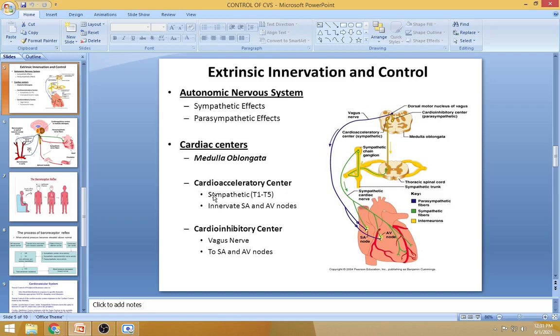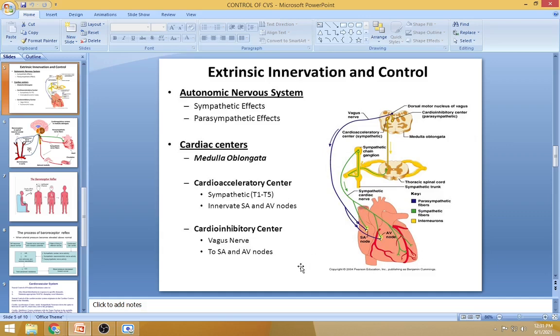One is the cardioacceleratory center, and the other is the cardioinhibitory center. The cardioacceleratory center gives rise to the sympathetic innervation of the heart, and the cardioinhibitory center gives rise to the vagus nerve that again innervates the heart and decelerates the heart.